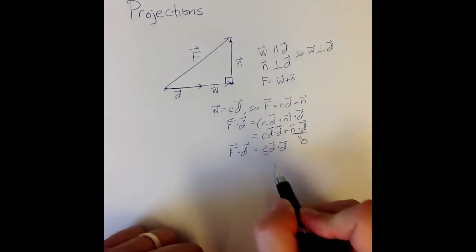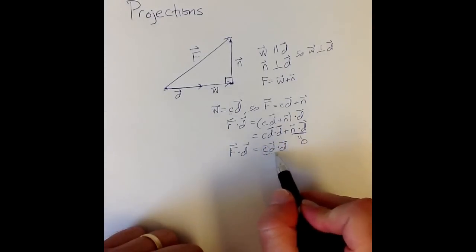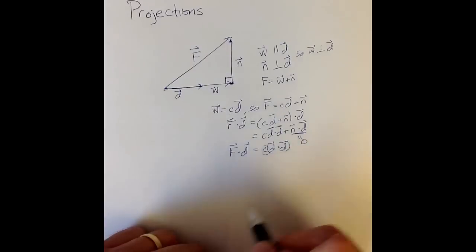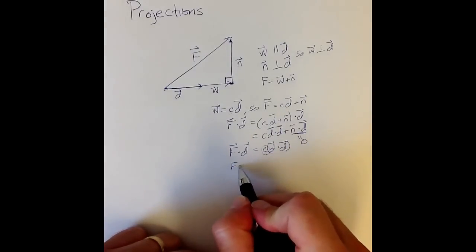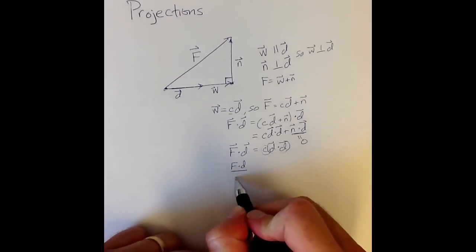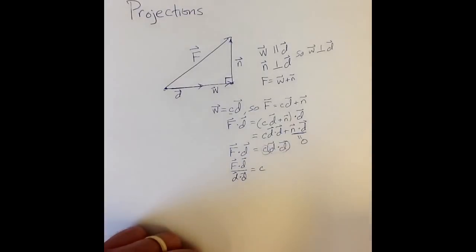And remember, we're trying to find the c value, so let's just solve for c. d dotted with d is a number, so we can just divide both sides by d dotted with d, and we get that f dotted with d divided by d dotted with d is equal to that constant c.